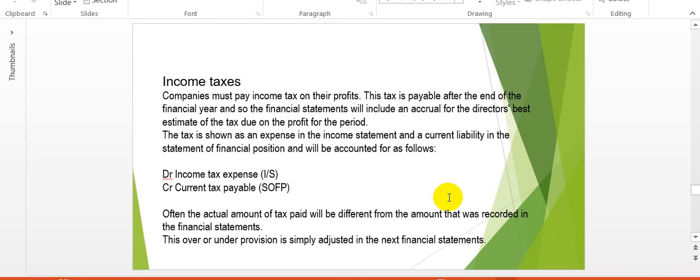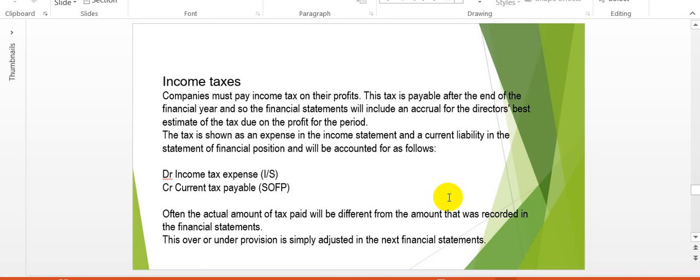Then when the actual tax is paid in the following year, you will have to adjust the next financial year statements for any under or over provision of income tax.